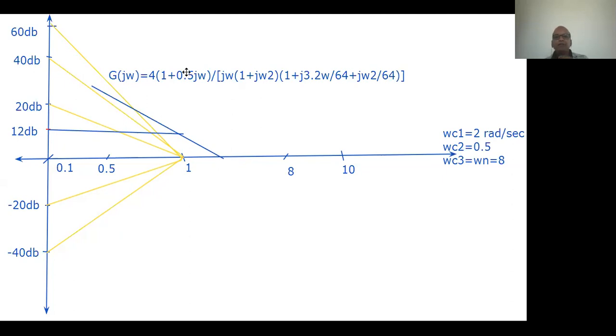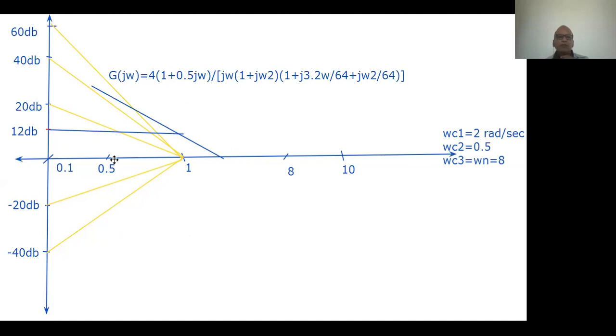Then what is the corner frequency? The next is the corner frequency of 1 plus 0.5 j omega. That is 1 upon 2, equal to 0.5.